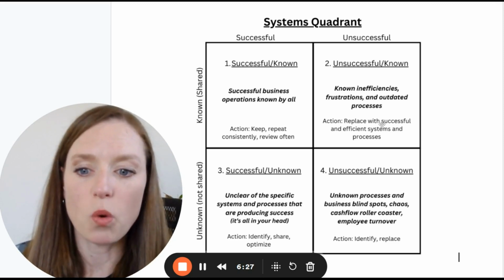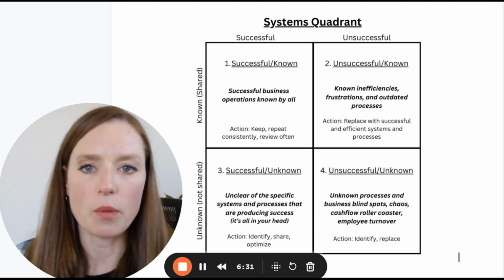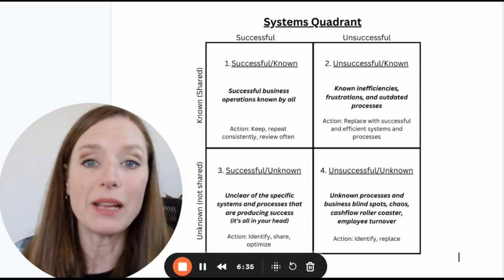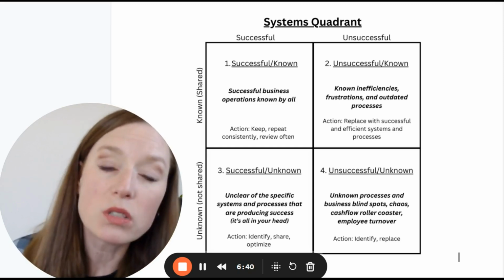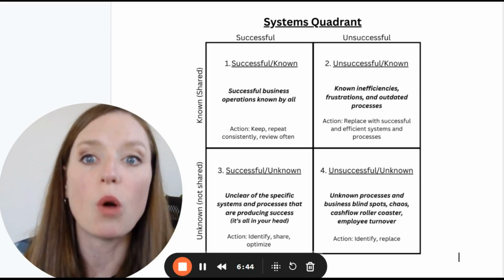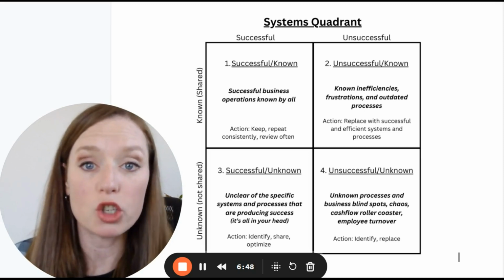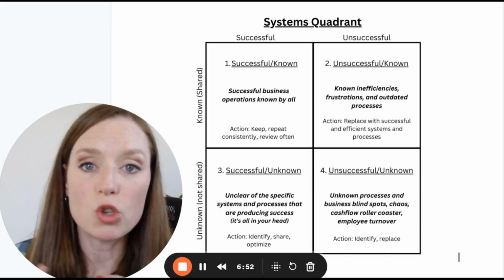The first section in the quadrant is the successful known systems. These are your business operations that everybody knows, everybody follows, and is probably about 80% of the reason why you're still in business today. Things are going mostly okay. You're still getting paid. Your jobs are still going. Those are the systems that we want to recognize and then just keep. We don't want to change them.